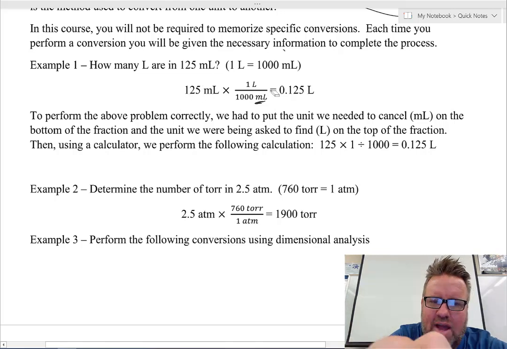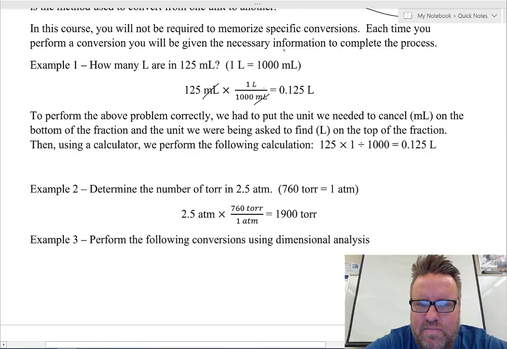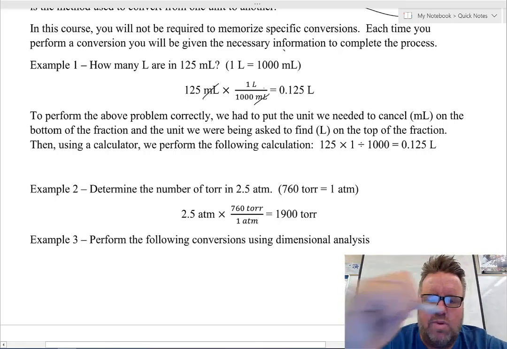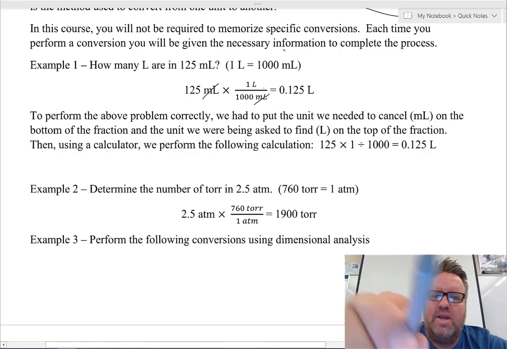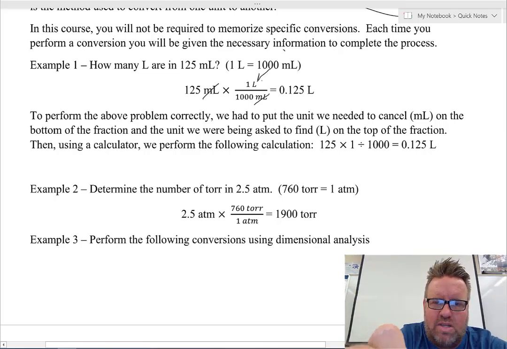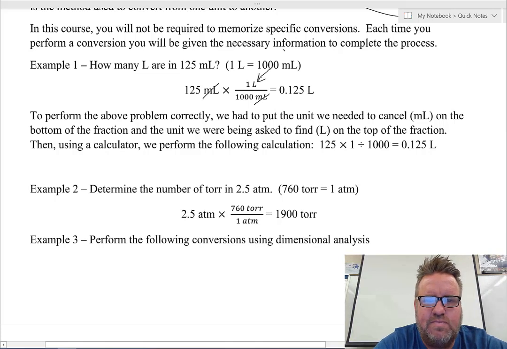Because what happens now is we have milliliters over here, and we have milliliters on the bottom, and those milliliters cancel. That's what you want when you're doing these conversions: you want to cancel those. And now notice the only unit that's left is the liters.